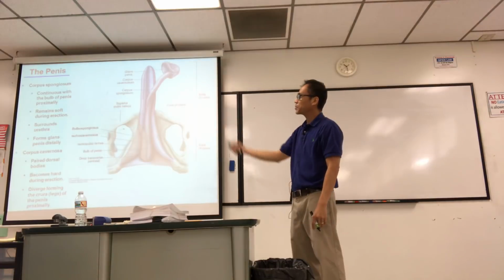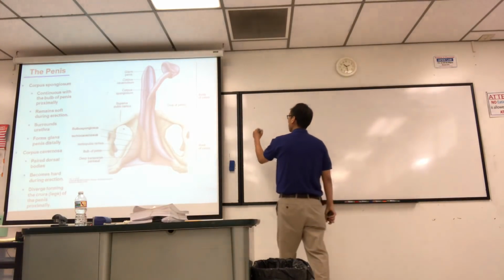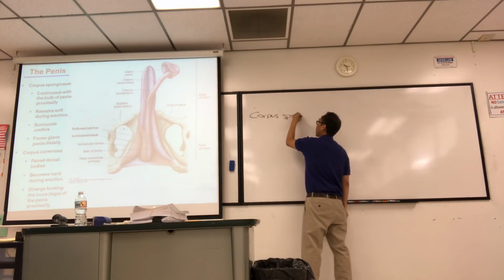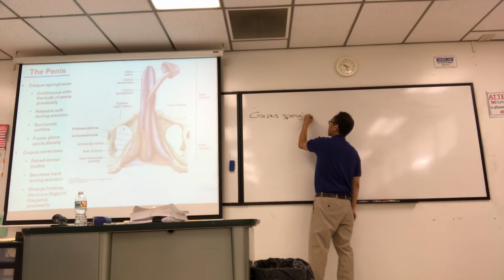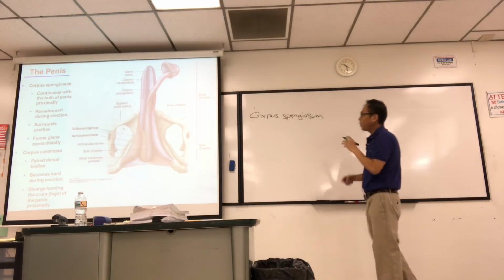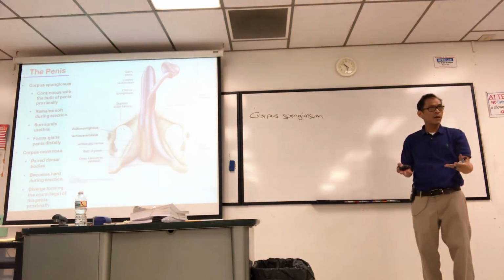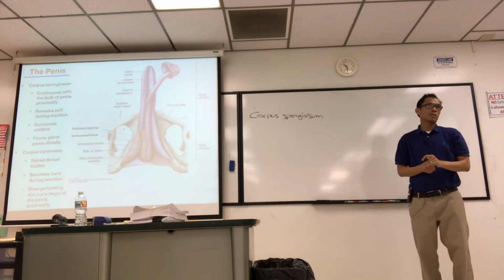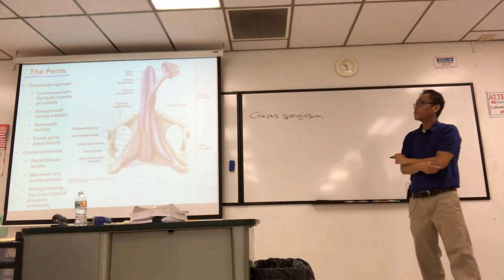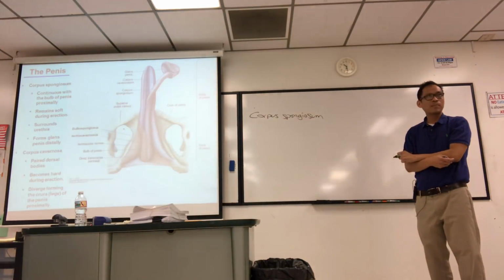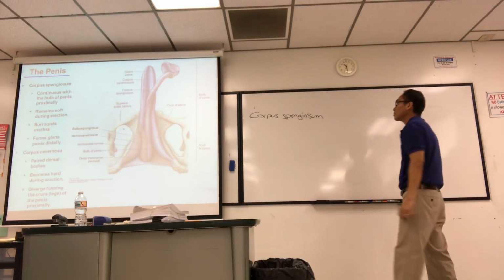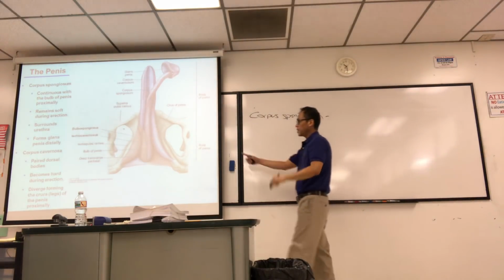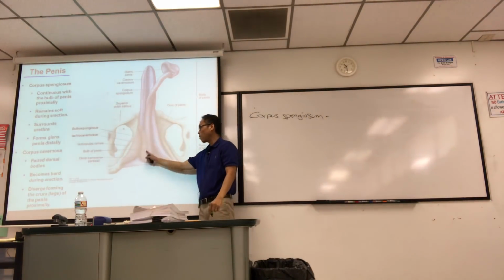And what we see from the picture is the corpus spongiosum. I should mention, both erectile bodies get filled with blood, but only the corpus cavernosum gets hard in an erection. The corpus spongiosum fills with blood but remains soft. In the corpus spongiosum, at the root of the penis, proximally it forms the bulb.